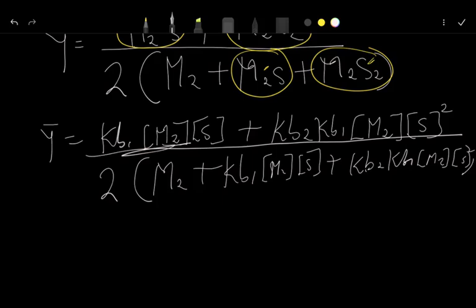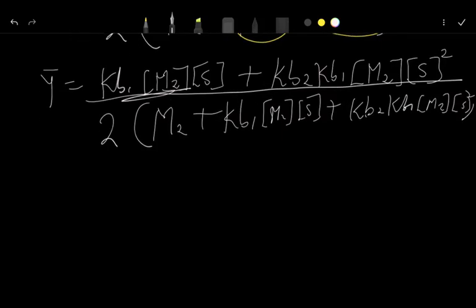Alright, now I can still simplify this, but we are done with this equation. But let me just simplify. If you want to stop here, you can stop here. So what you just do now is take your y bar. There is m2 in the numerator and m2 in the denominator, so I can pick out m2.